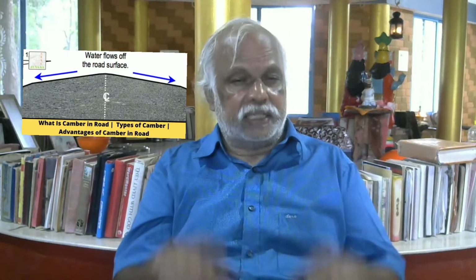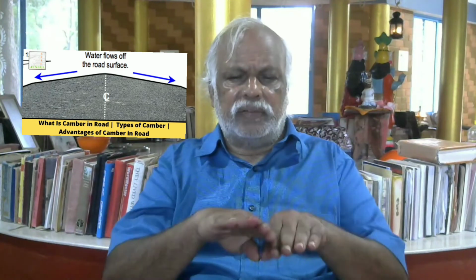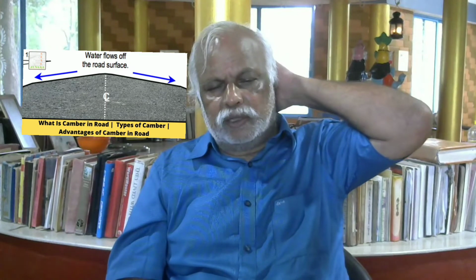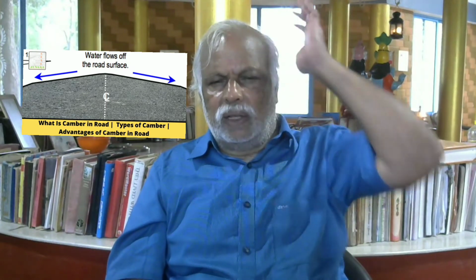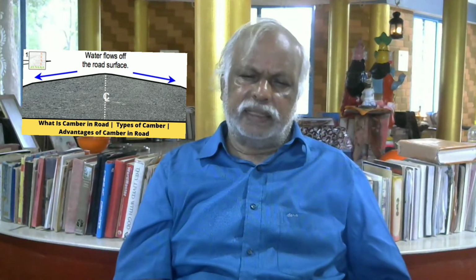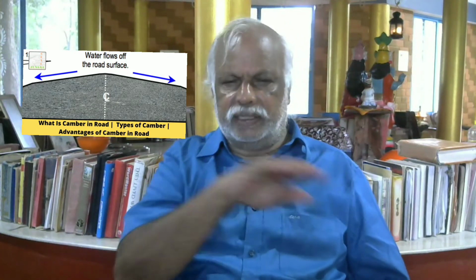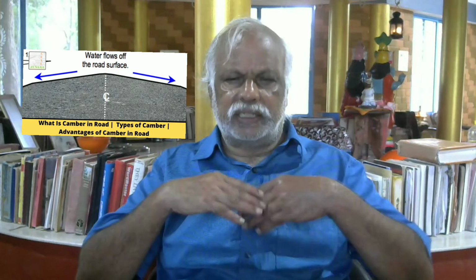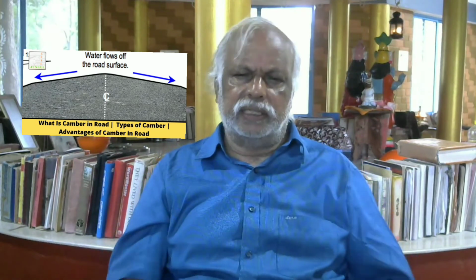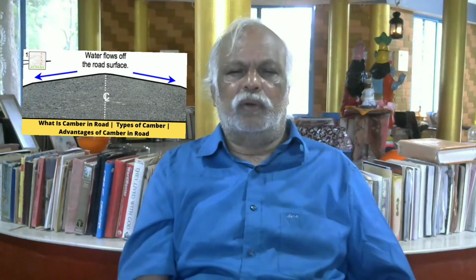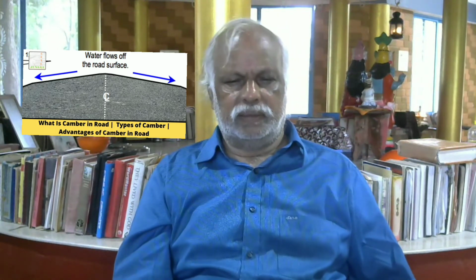In a mechanical construction, from the formation itself, that cross slope will be maintained, and to maintain that cross slope, you have a template, known as the camber board. A template of 1 in 36 will be made, and you construct in such a way that you get a curved cross slope of 1 in 36.